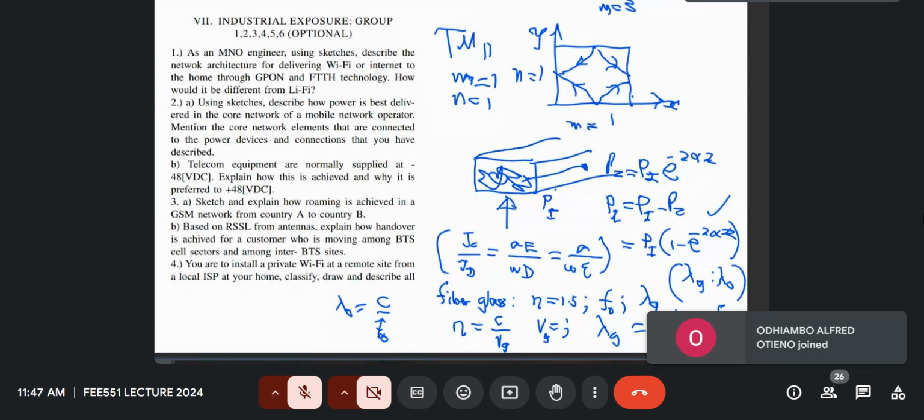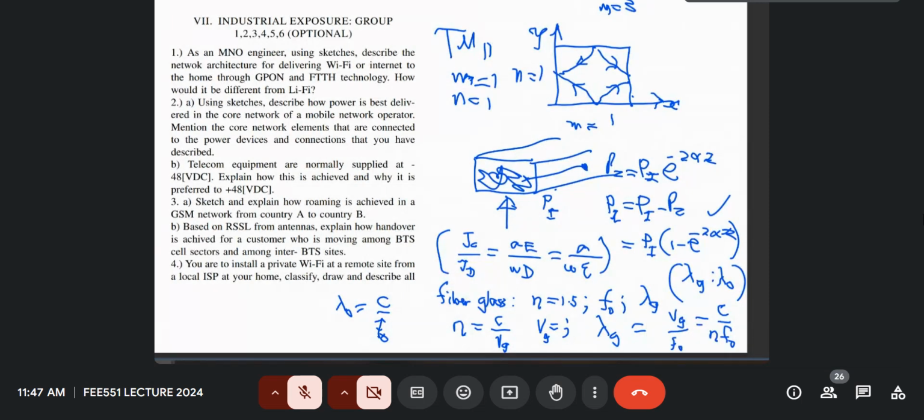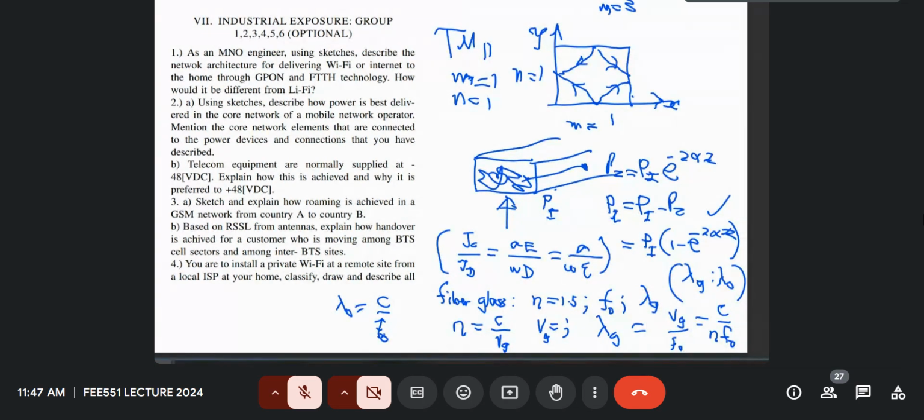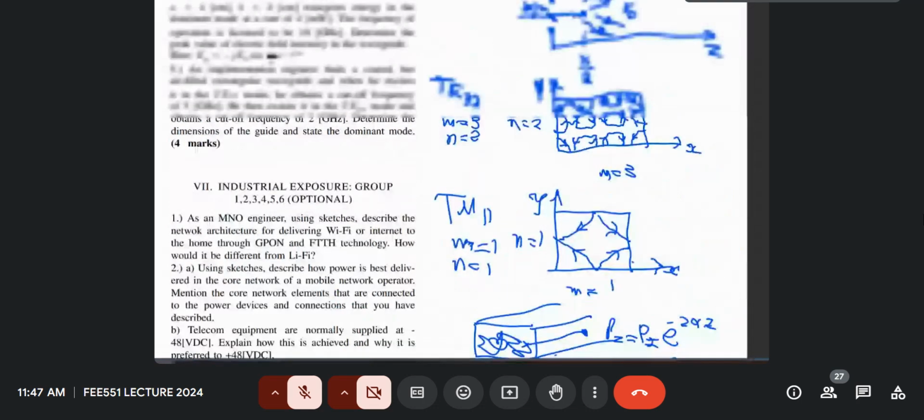Between lambda g and lambda naught, which one is larger? We have eta, the refractive index in fiber glass, being 1.5. Anyone who wants to help us? Lambda naught is larger, isn't it? Yeah. So in glass, we'll have the reduced wavelength.